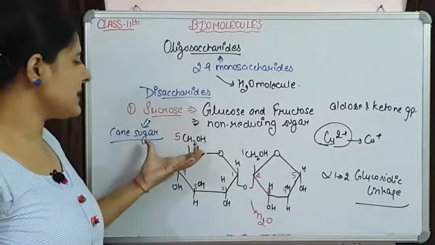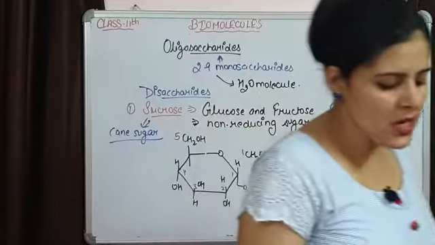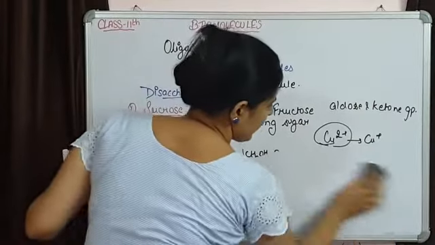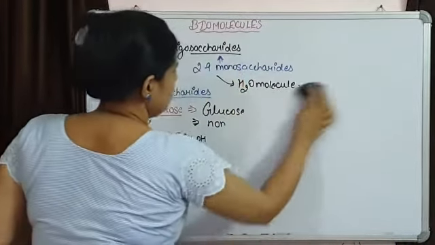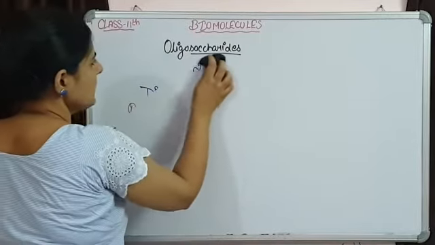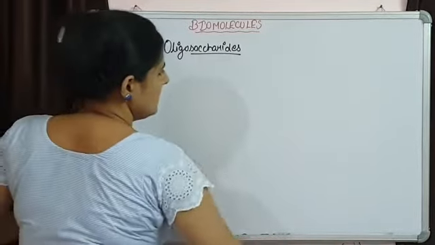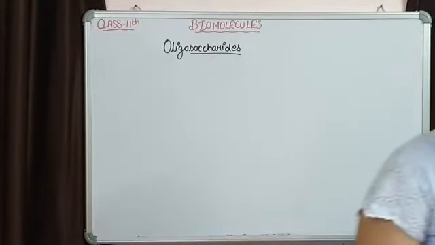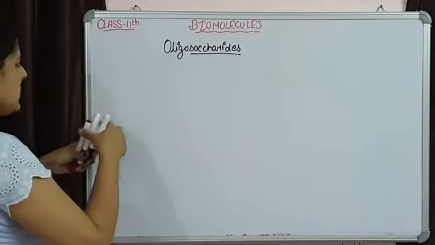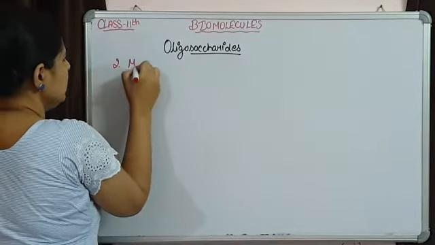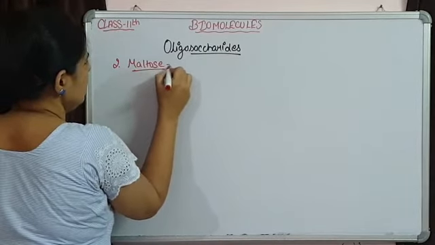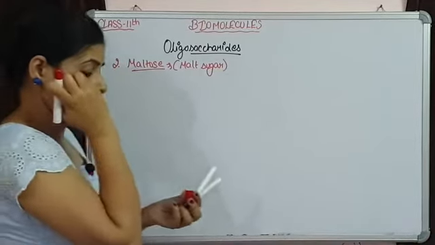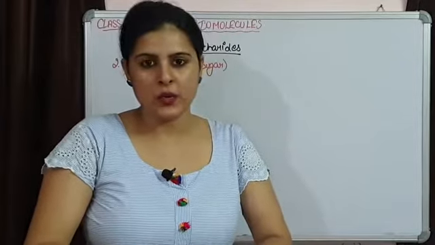Now this is one disaccharide. The second disaccharide is maltose, also known as malt sugar. It is present in the malt of barley also.